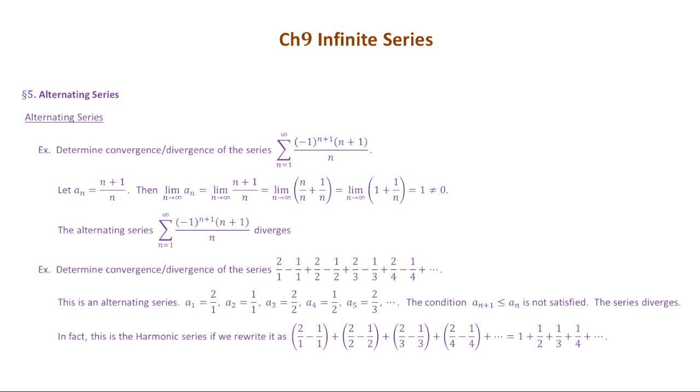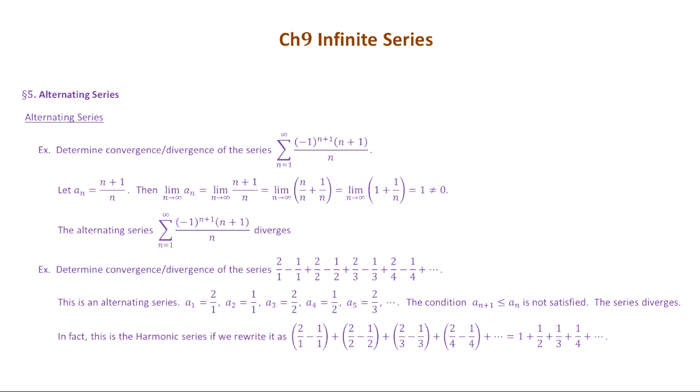This is also an alternate series, as you can see: plus, minus, plus, minus, and so on. The first term a_1 is 2/1. That's the magnitude, which is 2, and the magnitude of the second term is 1/1 if you ignore the sign.